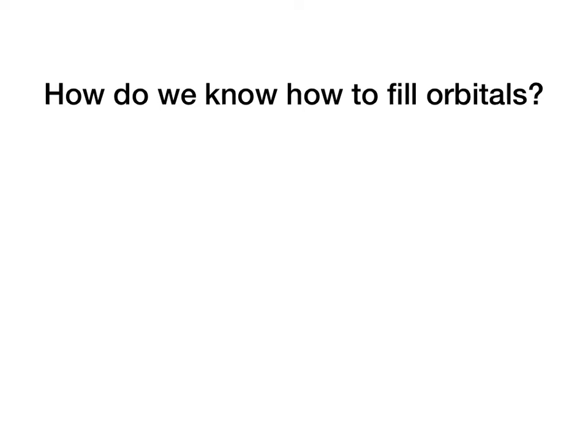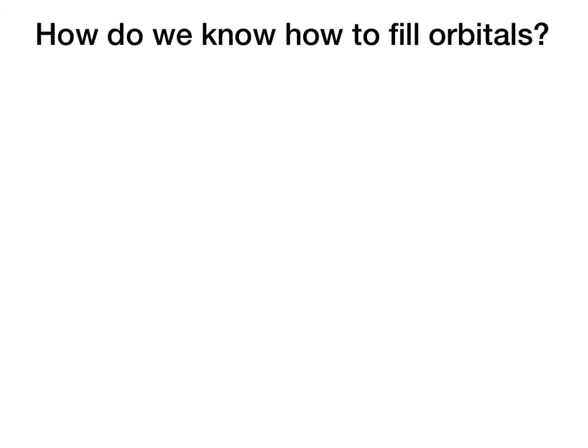So you might be wondering, how on earth am I going to remember how to fill all these orbitals? So it turns out that there are a couple of different ways that we can start to think about that. There are a couple of different patterns that we can think about as we learn to fill these. So the way I like to think about this is to make this graphic. 1s.